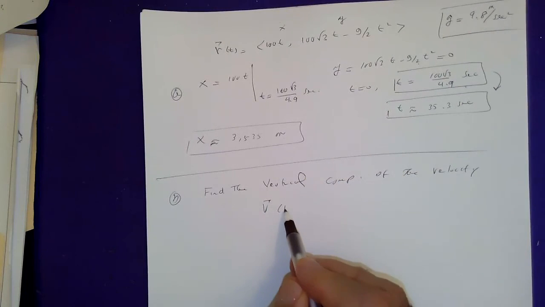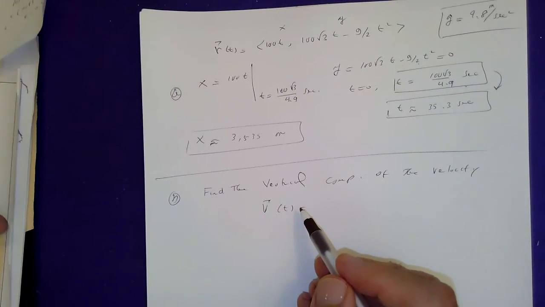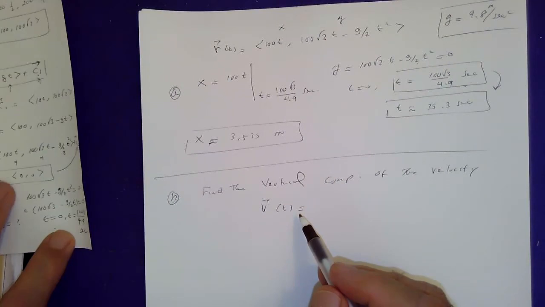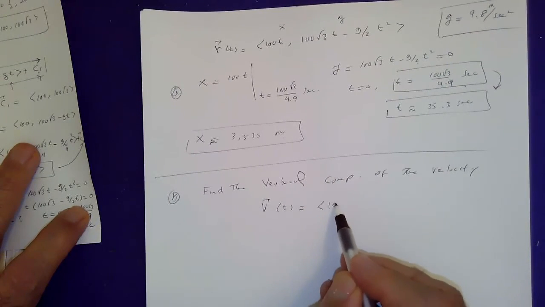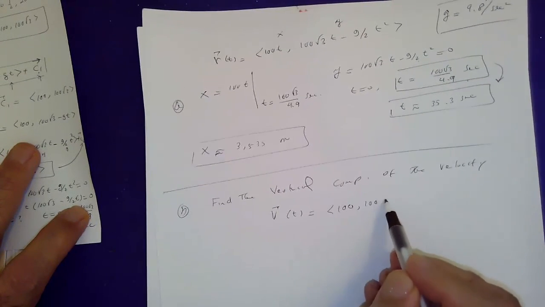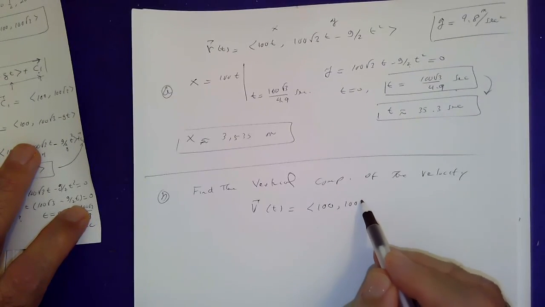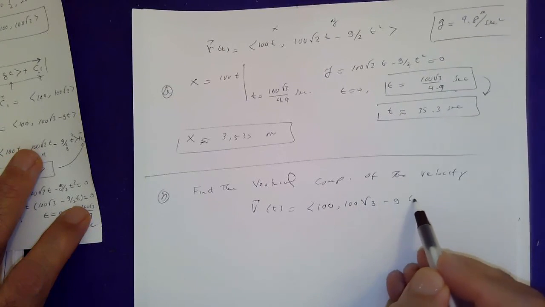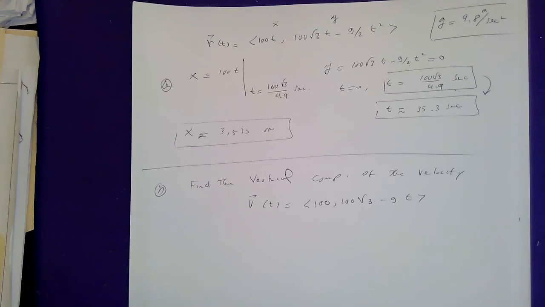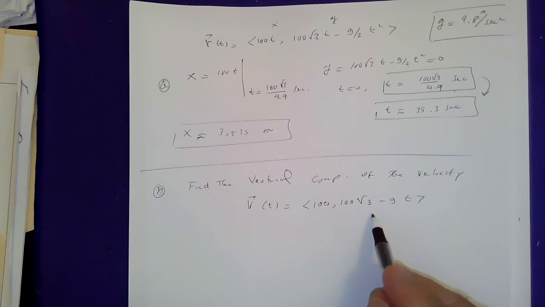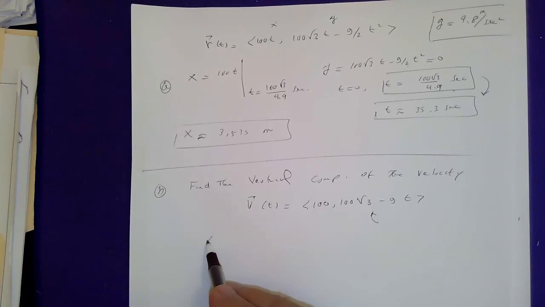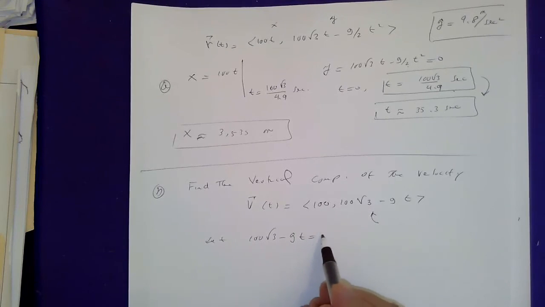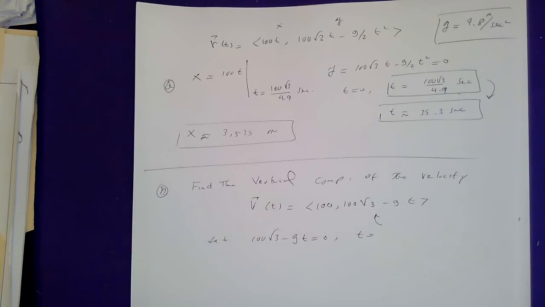Remember, the velocity was, what was my velocity? Do you remember? It was this guy, (100, 100√3 − gt), I believe. So what is the y component of the velocity? It's this guy, so I'm going to set that equal to 0, and I'm going to solve for t.